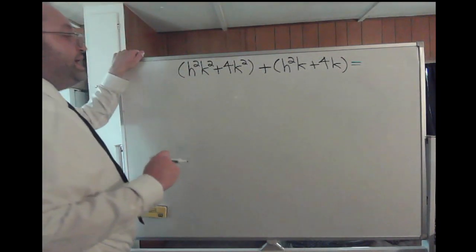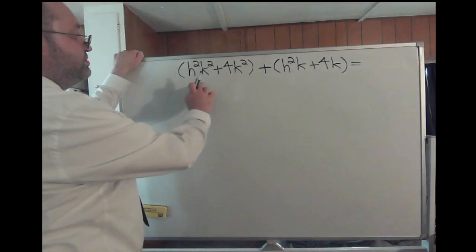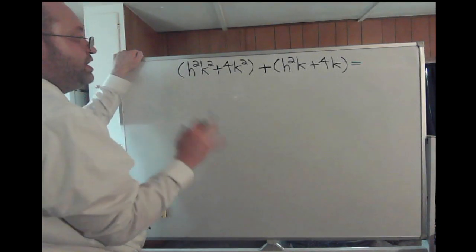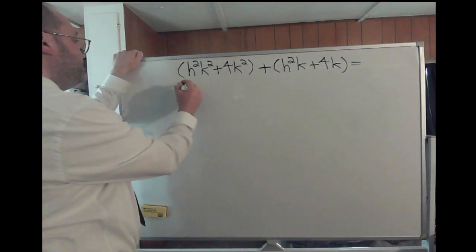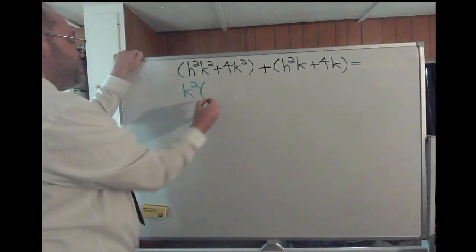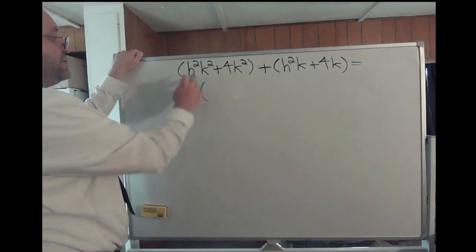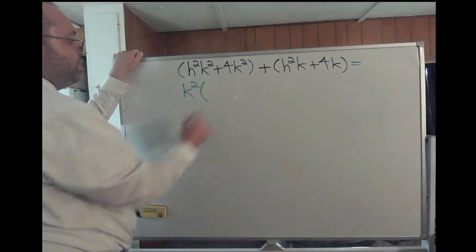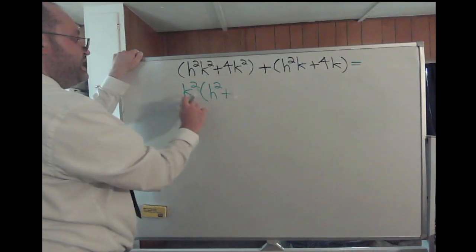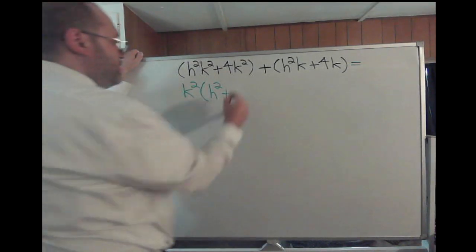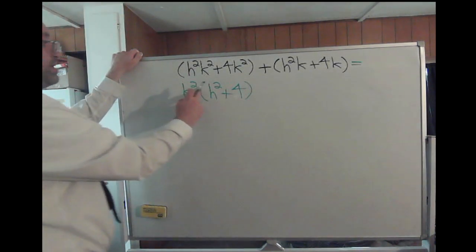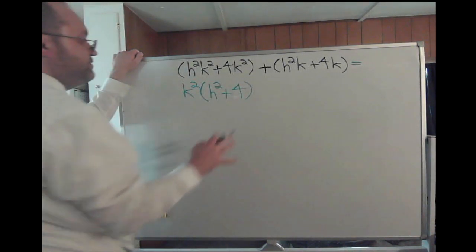So for the first two terms, between h squared k squared and 4k squared, what's a common factor? Definitely going to be k squared. Now factor out your k squared times what equals h squared k squared? That would just be h squared, plus k squared times what equals 4k squared? That would just be 4. So far you have k squared times the quantity of h squared plus 4.